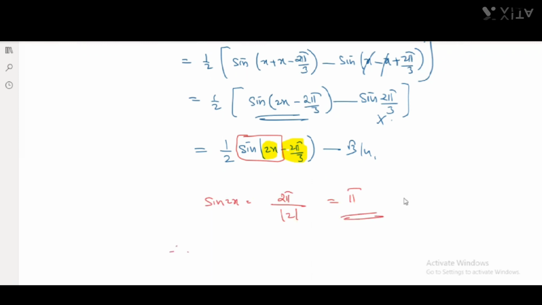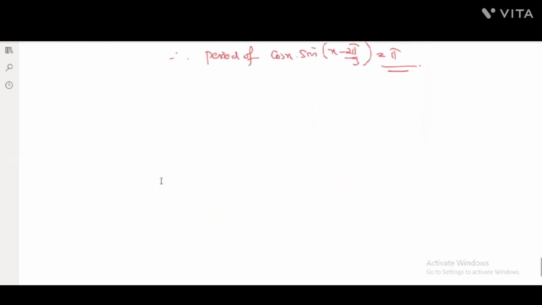Therefore, the period of cos x into sin of x minus 2 pi by 3 is pi. So this is the way to find the period of two different functions when they are multiplying. Let's see one more question.